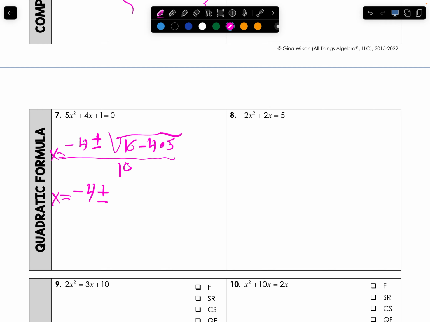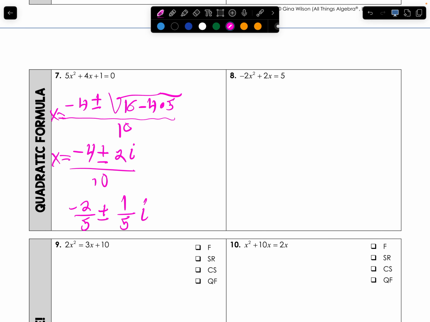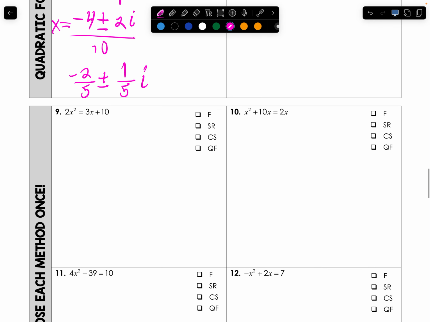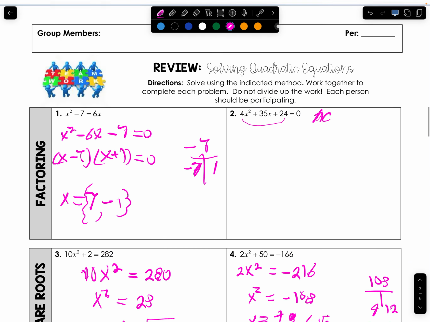Negative 4, so that would be 2i, right? 2i all over 10, which is, I can divide everything by 2. Negative 2 over 5 plus or minus 1 over 5i. Yep, so here you'd have to get the 5 over on the left, so you know your A number is negative 2, your B number is 2, your C number is negative 5, right? But, so I think you guys can do this. All right, bye.